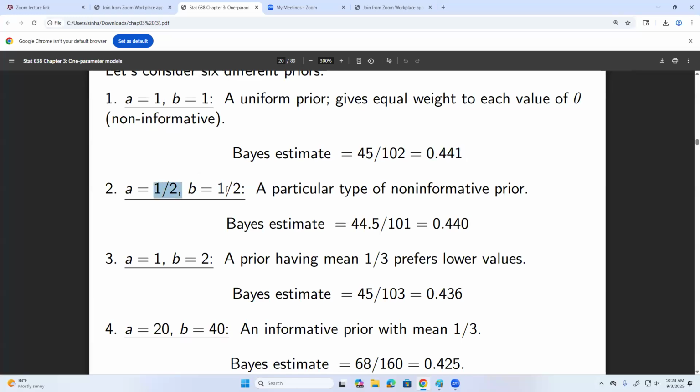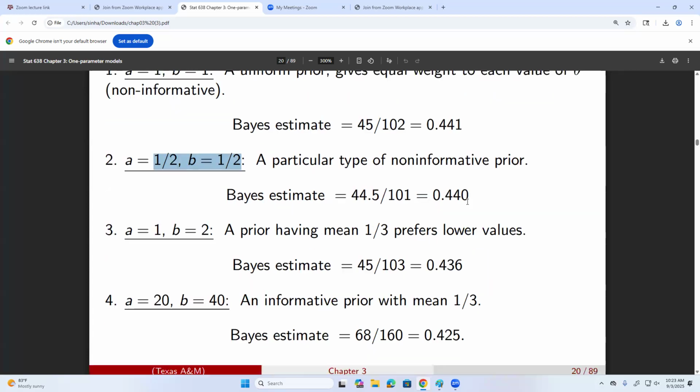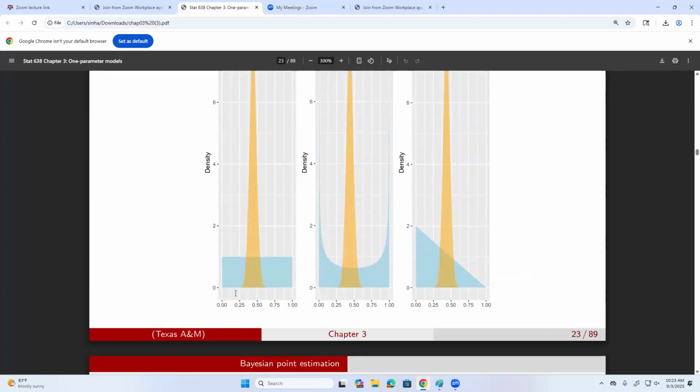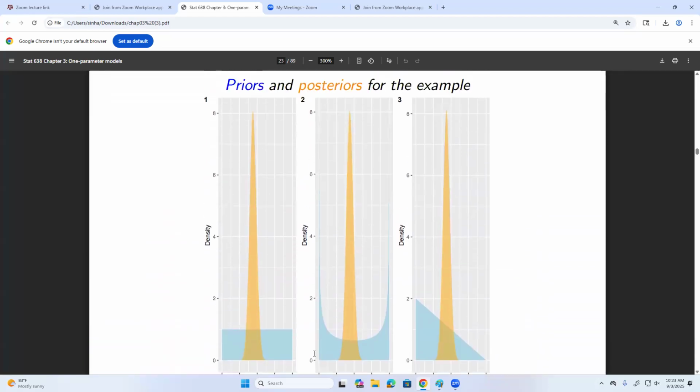When it is 1/2 and 1/2, it is a particular type of non-informative prior. Let me show you the picture. The first one, the blue shaded area, is the prior distribution, uniform prior, as you see. The second one is the prior with parameters 1/2 and 1/2. It looks like a bathtub shape, right?